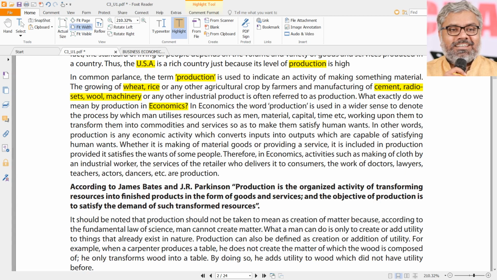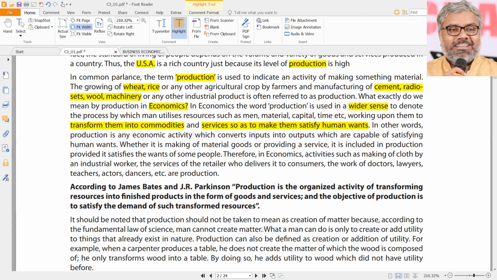The answer is no. In economics, the word production is used in a wider sense to denote the process by which people utilize resources, like man, material, capital, time, etc., and working upon them, transform them into commodities. Simply speaking, that's what production is considered as in economics. But once again, commodities, don't think only goods. That includes services also, to satisfy human wants.